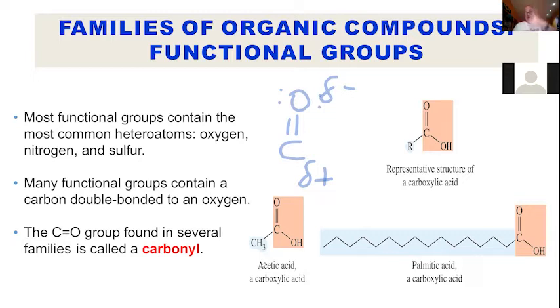That increases the partial positive charge on that carbon and causes other atoms with negative charges or just with large electron clouds to be attracted to that carbon and undergo chemical reactions. And so one of the functional groups that contains a carbonyl is called a carboxylic acid. And what carboxylic acid have we actually used in lab so far?